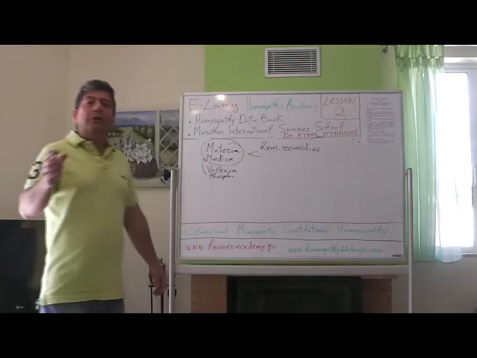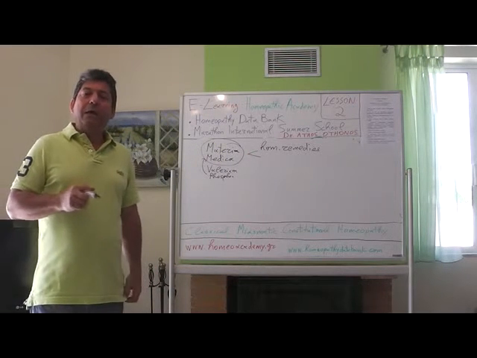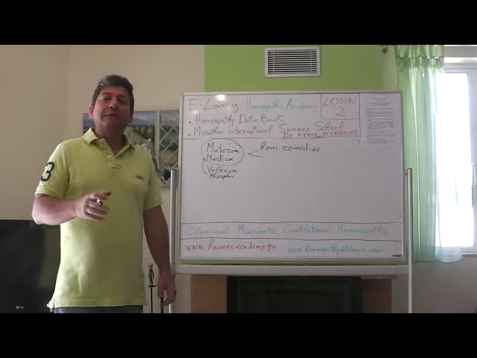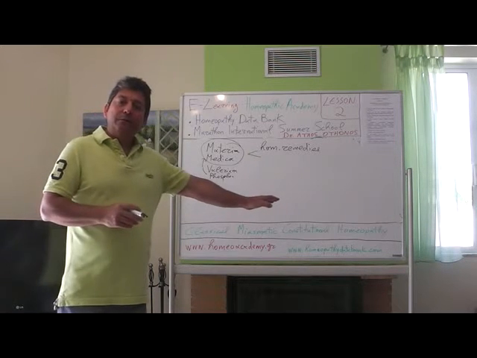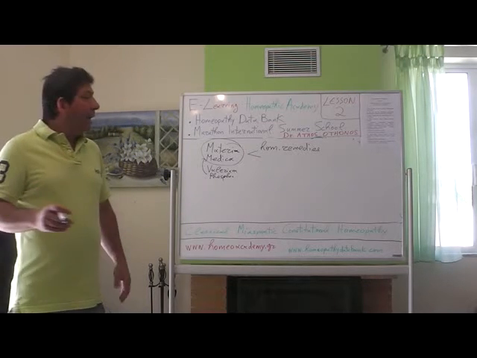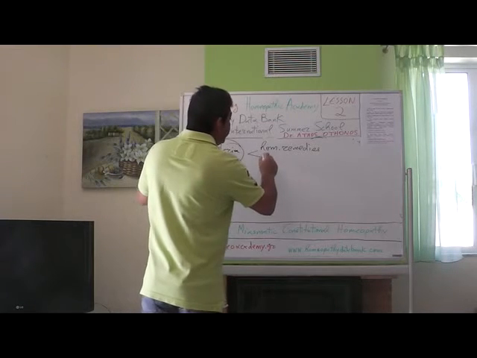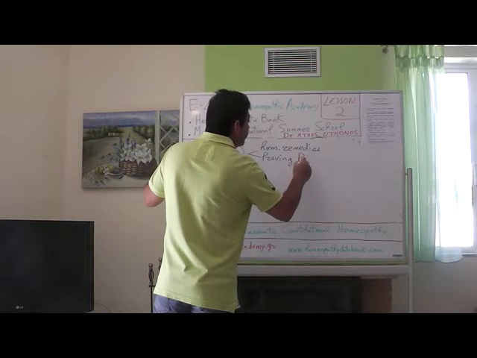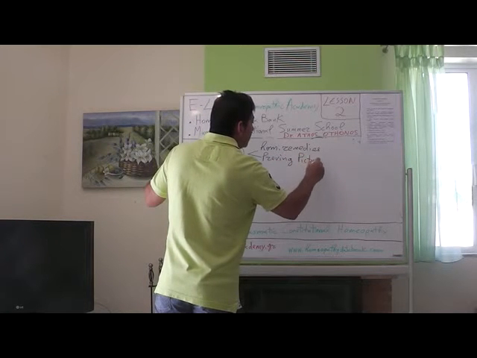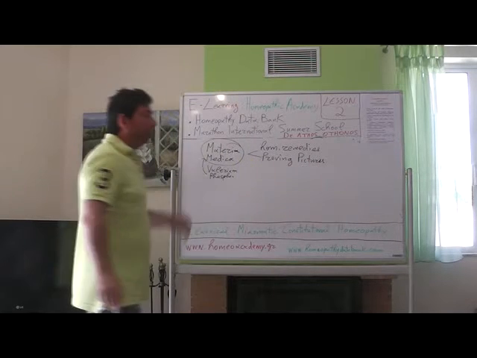What was first included in these materia medicas? How were materia medicas created, formed? By the provings. We had the provings, and we had proving pictures included in these materia medicas.